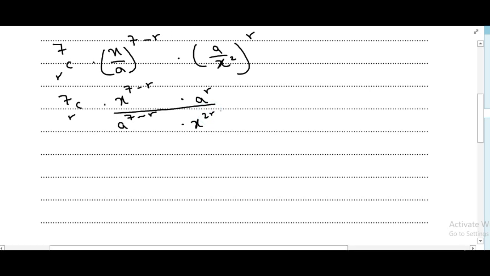I'm going to move this to the numerator and this to the denominator. It would become 7Cr times x^(7−3r) divided by a^(7−2r).